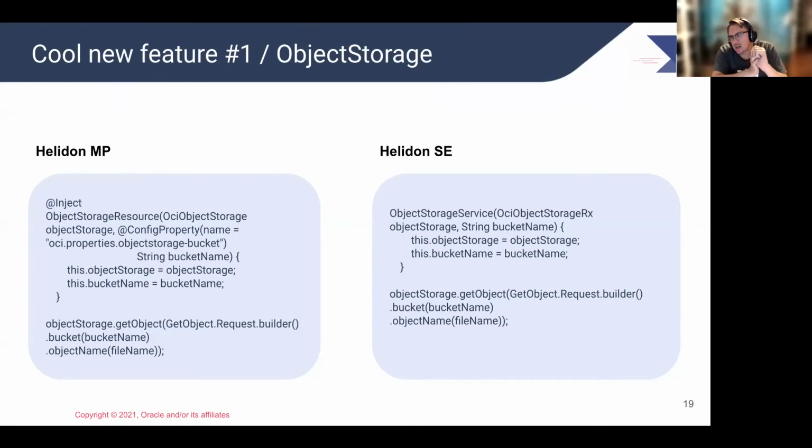The same is easily done in Helidon SE. Those who work with Helidon know that it's a pure Java implementation. That's why we use pure Java stuff. Once again, there is an object storage class, which comes to you like a support object.